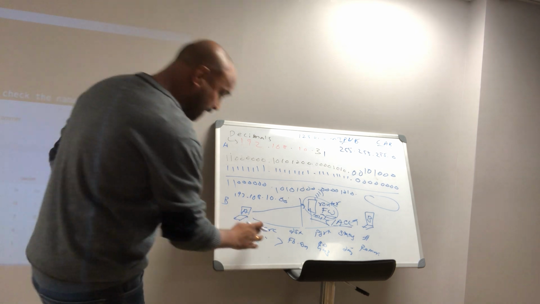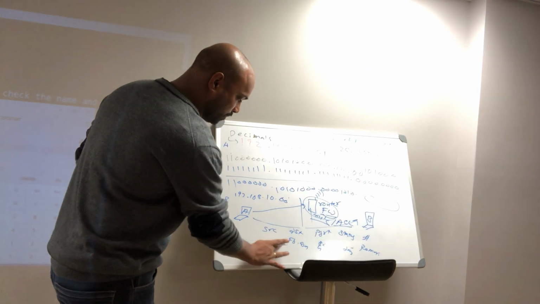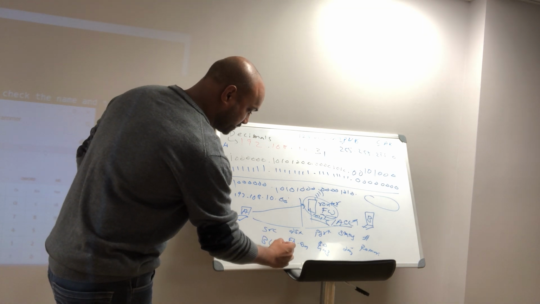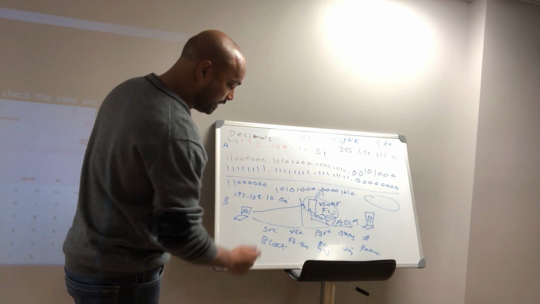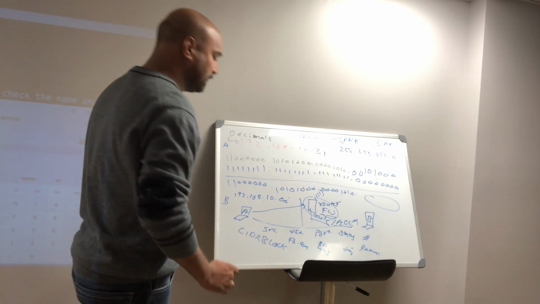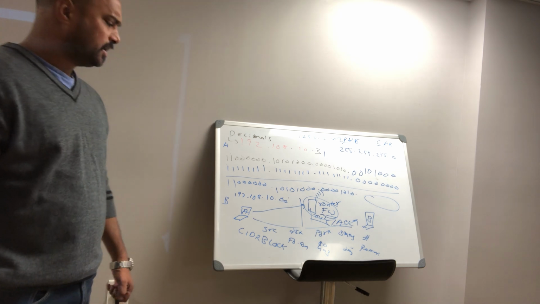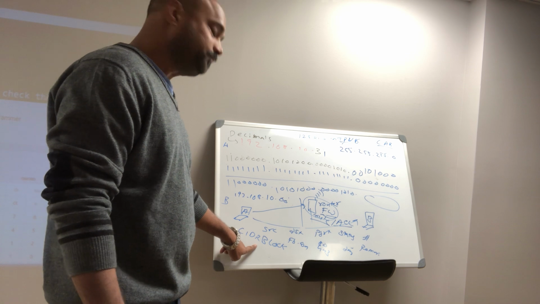So here I'm going to put a notation which is called a block. Instead of an IP address, or a range of IP addresses like this, I will put a block of IP addresses, which is technically called a CIDR block. CIDR is an acronym which stands for classless interdomain routing.